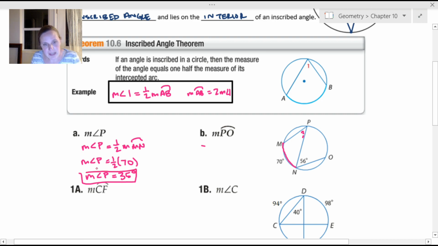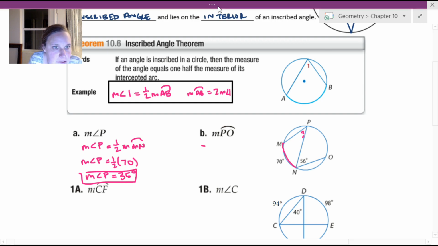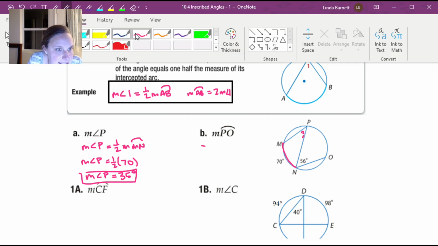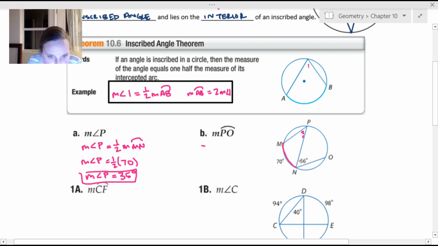And it works both ways. So if I know that this is 56 degrees, let's use a different color now. This angle right here is 56 degrees and it intercepts this arc right here, PO.